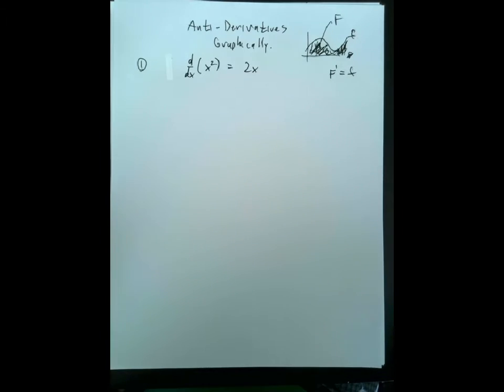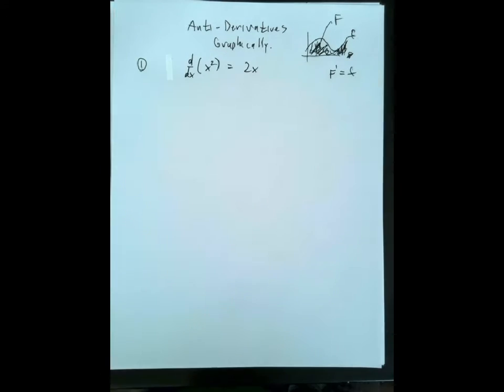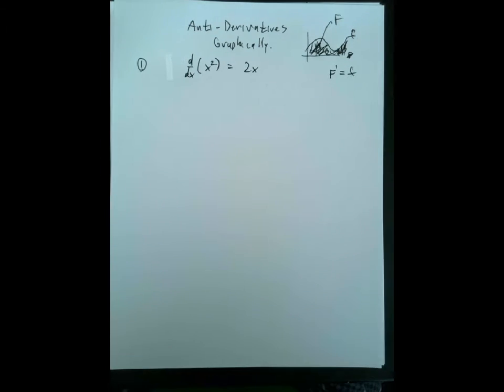We also mentioned that we could do some direct antiderivatives: if the derivative of sine is cosine, then the antiderivative of cosine would be sine, just working backwards. As it turns out, there's a little more to it than that, but that's the general concept.